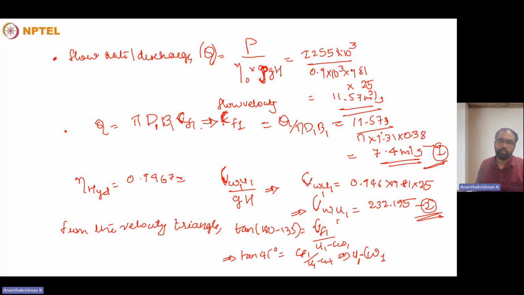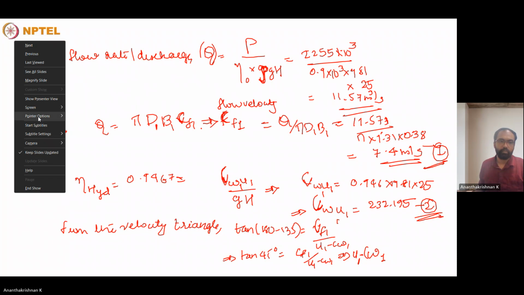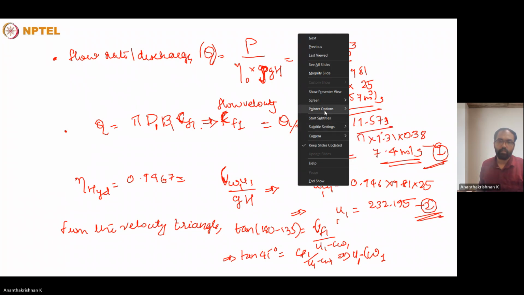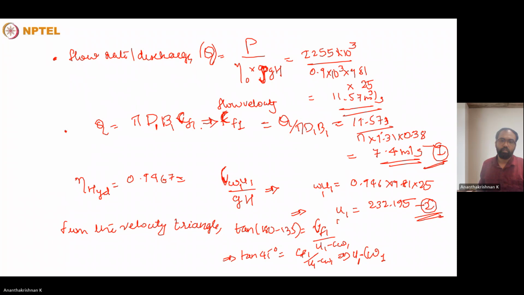So we'll get U1 minus Cw1 is equal to 7.4. Denote it by 3.